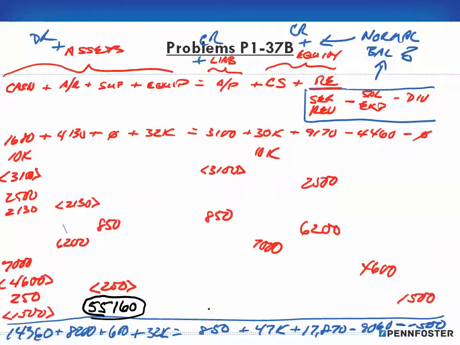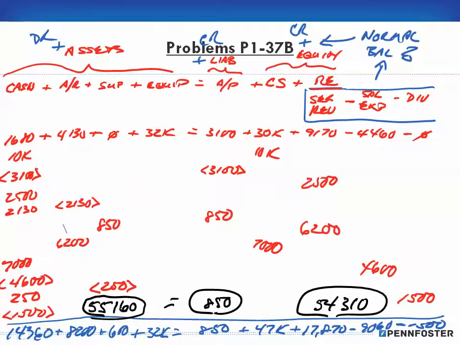My total liabilities is the 850 for the accounts payable. For my total equity, I have 47,000 plus 17,870 minus 9,060 minus 1,500, and so my equity is $54,310. And of course, total assets equals liabilities plus equity.